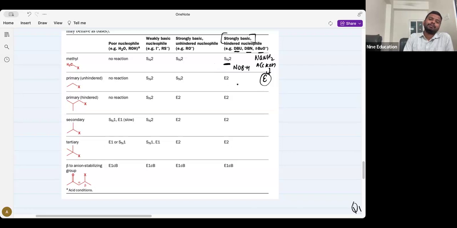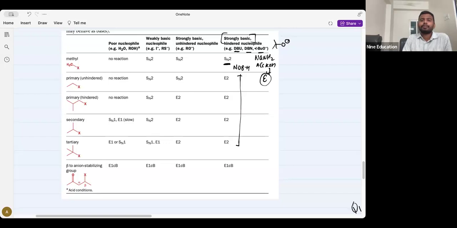But in the rest, you have to do elimination with these strong basic nucleophiles, like NaNH2, alcoholic KOH, DBU, DBN, tertiary butoxide. The more bulkiness, the more basic. More bulkiness, more basic. Hofmann product.